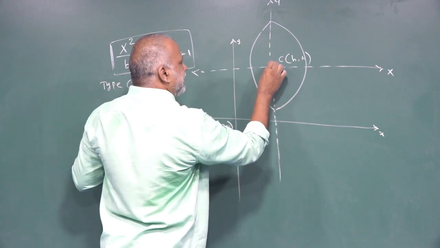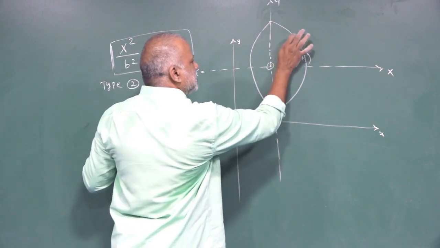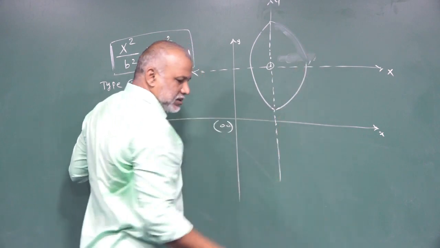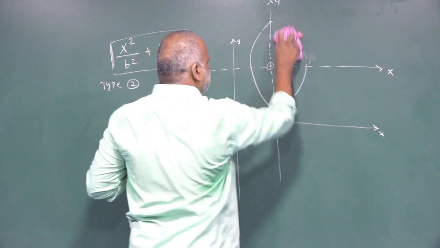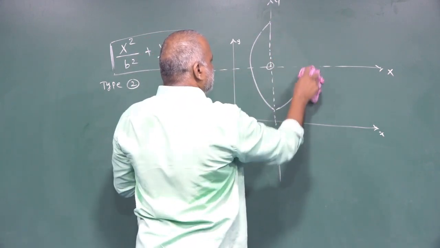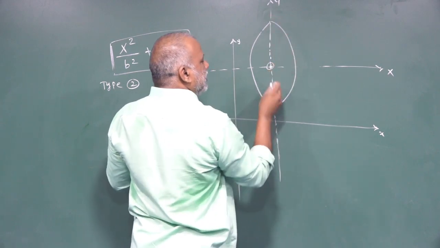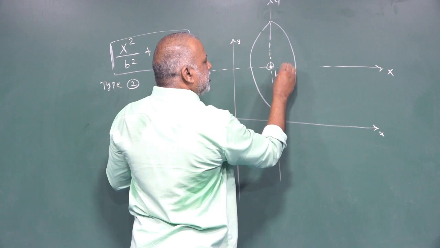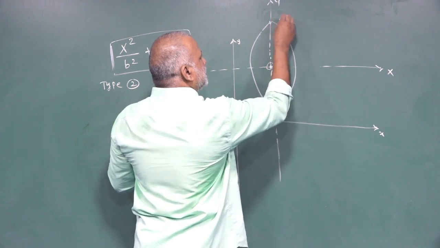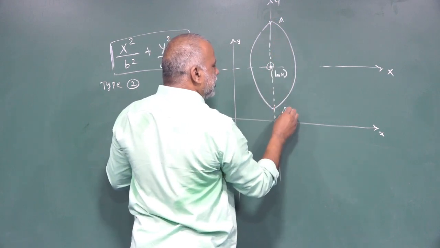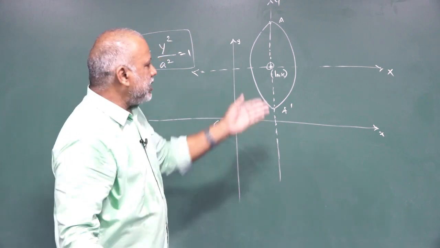Depends upon the given information we are going to take. So this is the center like this. Draw this diagram. For example, center h, k. Then vertices a and a dash must be here. This is type number 2.